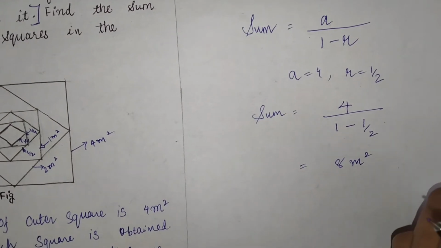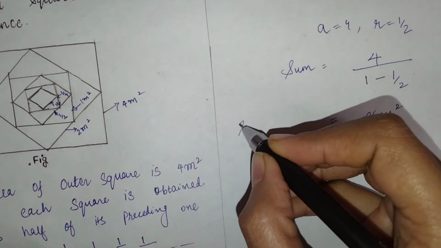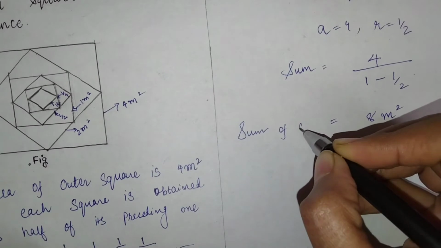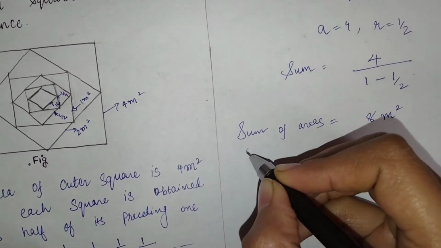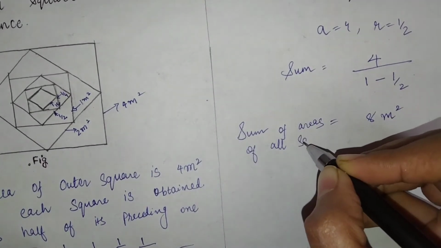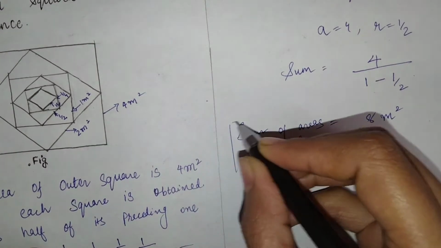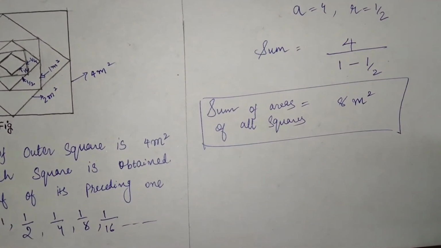Okay, so we got the sum of areas of all squares. So this is the answer of this example. In this way you have to solve the application examples. Now let us see example 3.